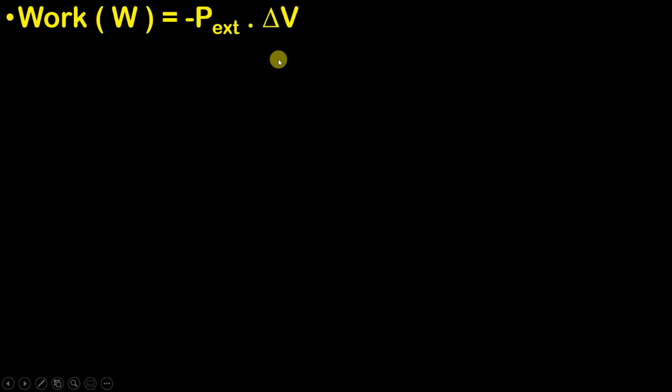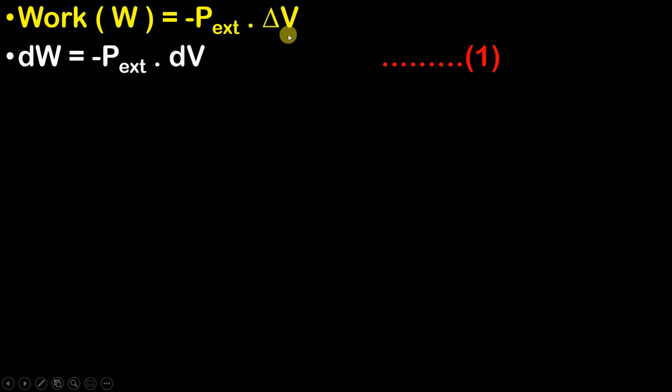Now in this case, since the change in volume is very small, we represent it as dV, differential V. This is the concept of differentiation. By a very small quantity we represent it as dV, and since the change in volume is small, obviously the work done will also be small. Clear with this? Now let us name this equation number 1 and keep it aside for the next 1 minute.